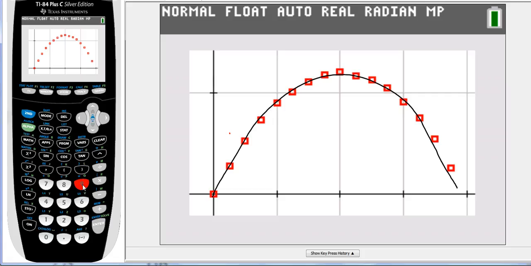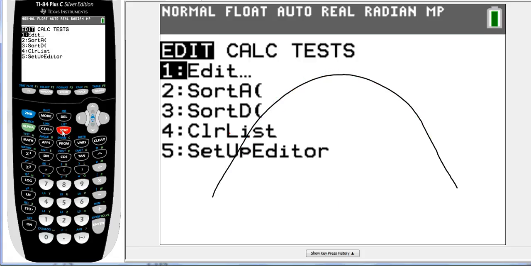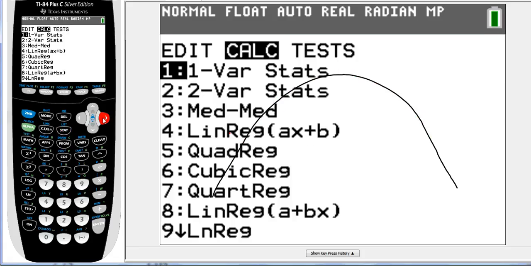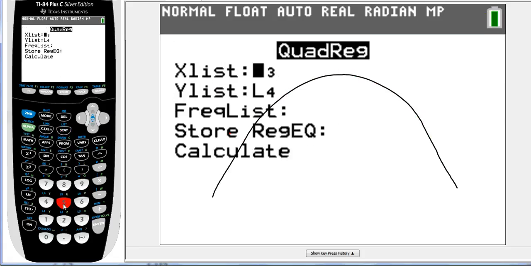Then if I want to know the distance the object moved, I'm finding the area underneath that curve, which is the same as doing the integral. So I will do stat, over to calculate, quadratic regression. Again, my data is in list 5 and list 6.